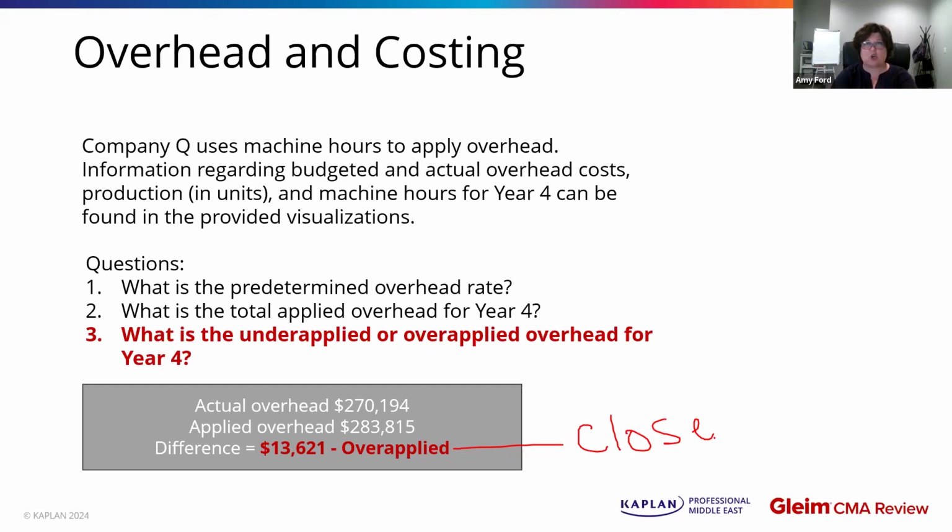So we will actually correct our costing so that our final adjusted financial statements are correct. So any balance of over or under applied is closed at the end of the period. And that's also tested on the CMA exam. How do you close that? What's the implication of closing that? That is tested on the CMA exam as well. So I hope that answers that question.